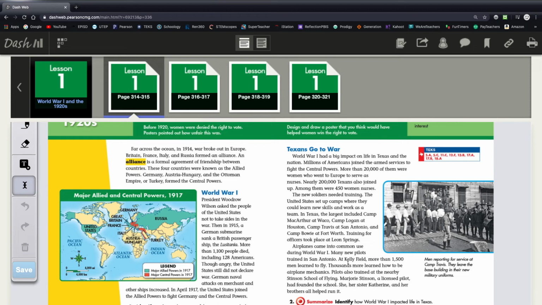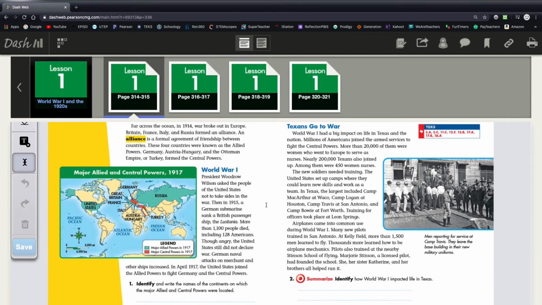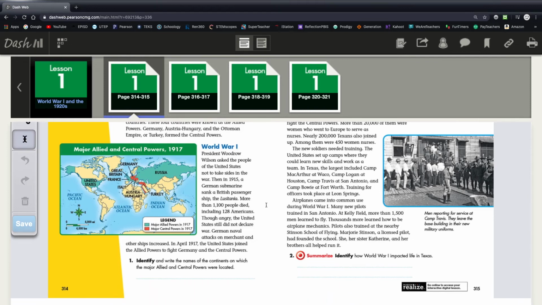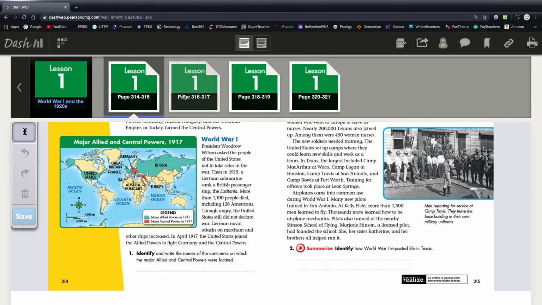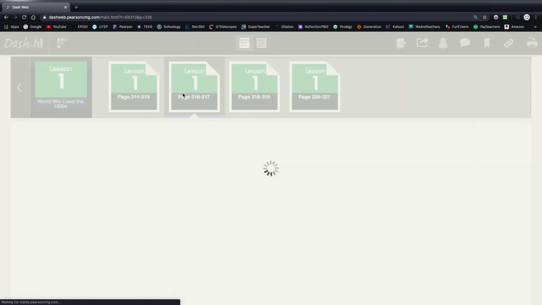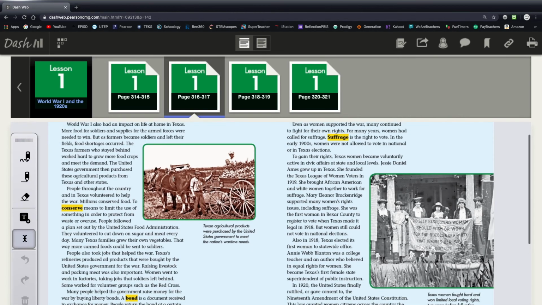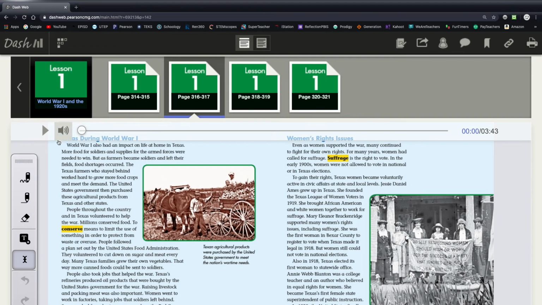So Texas created these training camps to help new soldiers learn new skills, such as learning how to fly an airplane. Okay, so that's how Texas or Texans helped during the war. And on the next paragraph, you're gonna see how people in the United States and Texas lived during World War I.